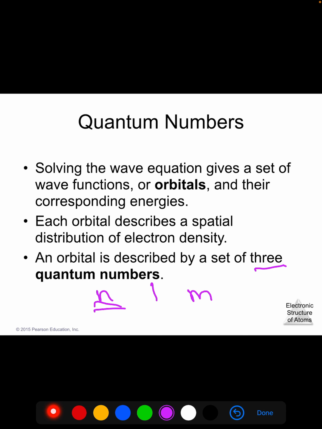L is the shape that electron orbital takes, okay? And we'll just briefly cover each one of them. And then this is how they're arranged within that.